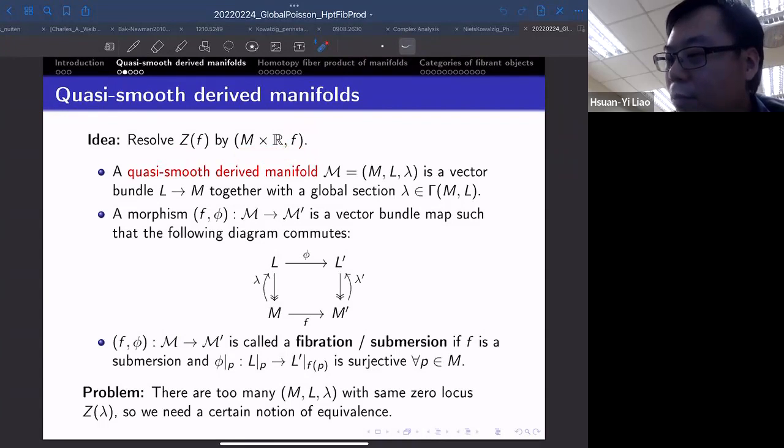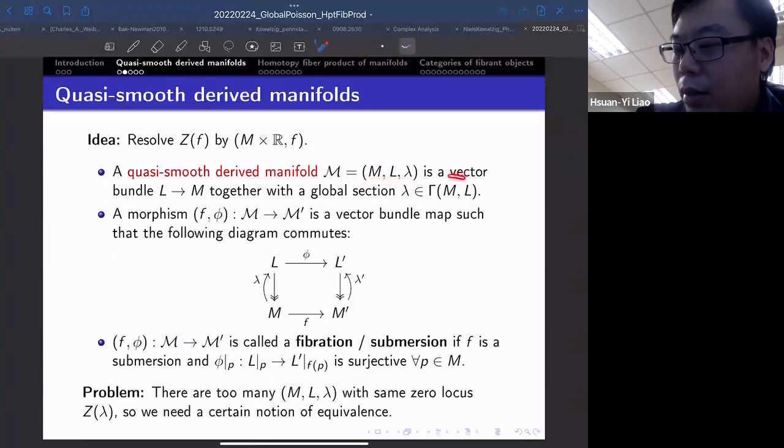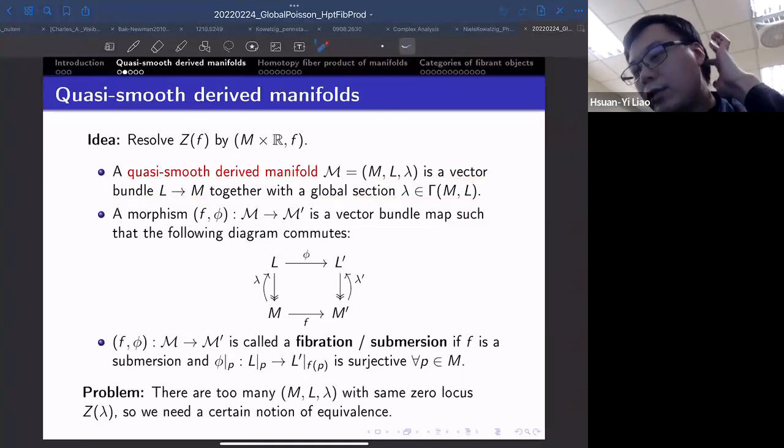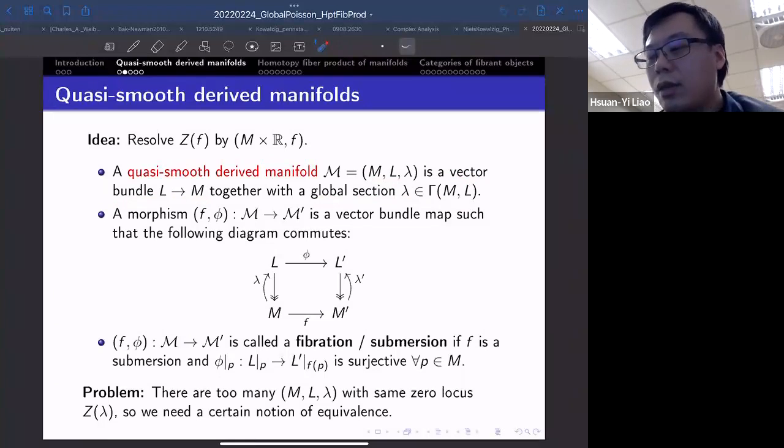More formally, by quasi-smooth derived manifold, I mean a vector bundle together with a global section of this vector bundle. This thing is a replacement of the zero locus of this section.